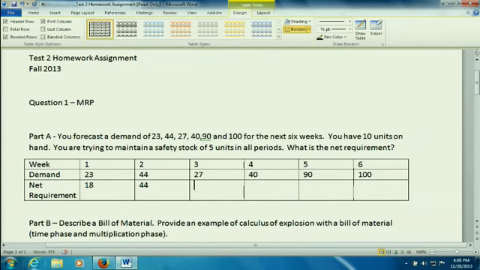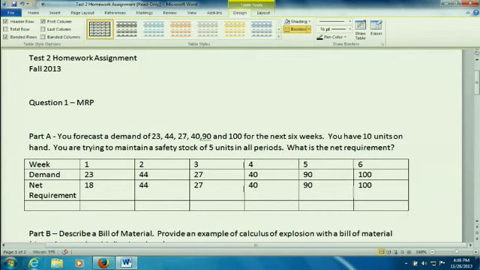44, 27, 40, 90, and 100. And so our safety stock would be at time 0. I probably should put a period 0 in here.